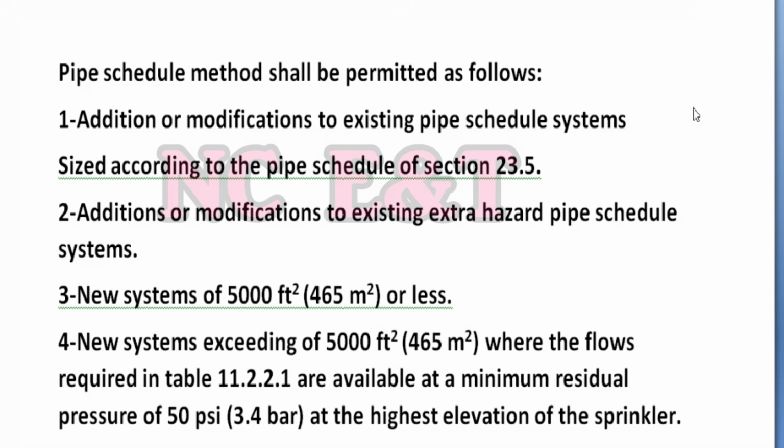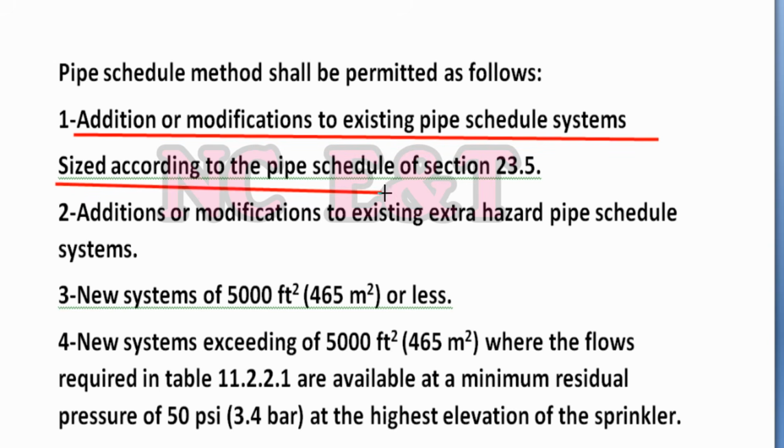To follow this method, there are certain points to be remembered. We will discuss them one by one. Number one, addition or modification to an existing pipe schedule system that is sized according to the pipe schedule of section 23.5.